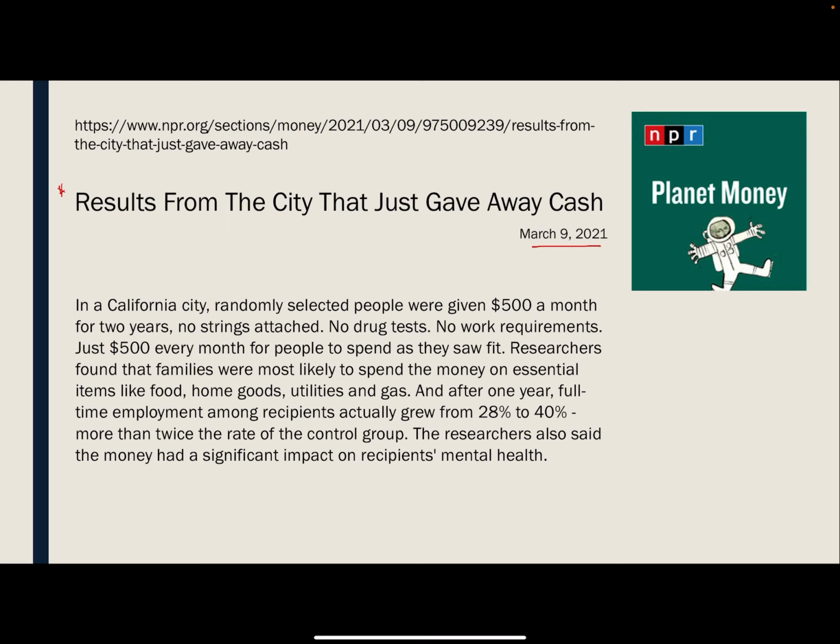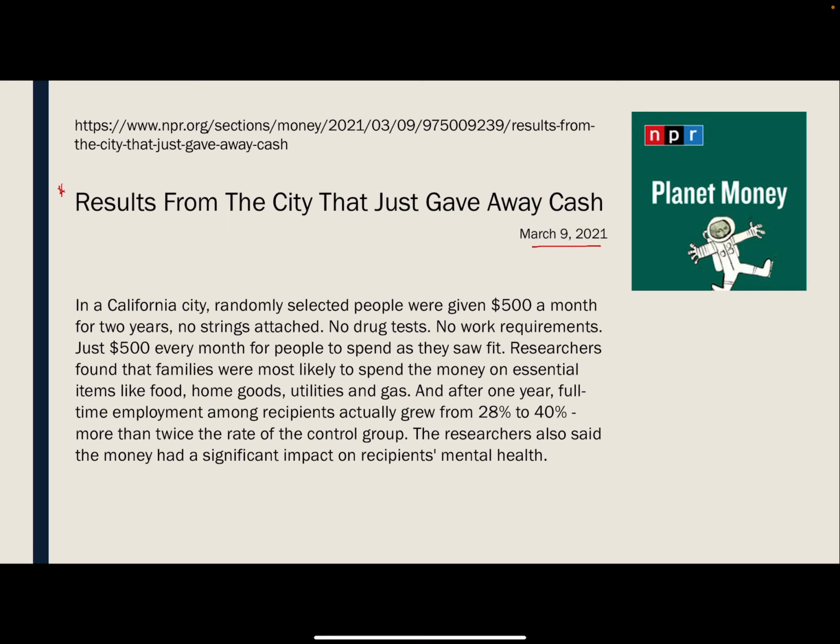A group of researchers heard about this and also chose another group of people at random who were not receiving the payments and made some comparisons. They did find that the people who received the money did spend the money on essential items like food, home goods, utilities, and gas, so they didn't just waste money.